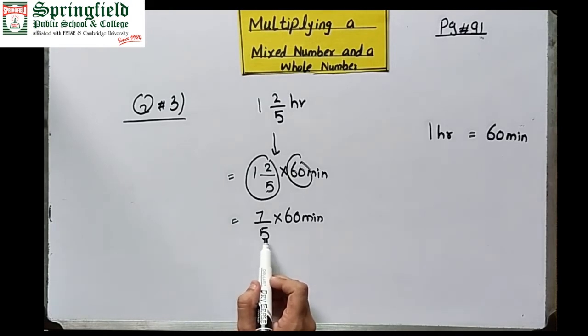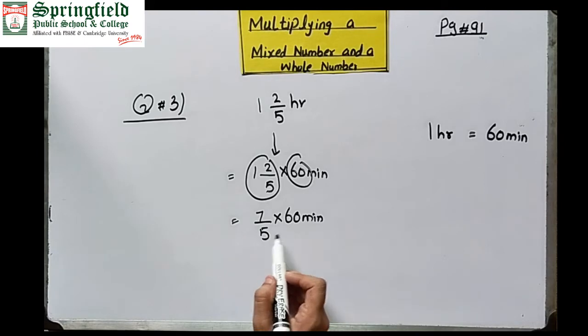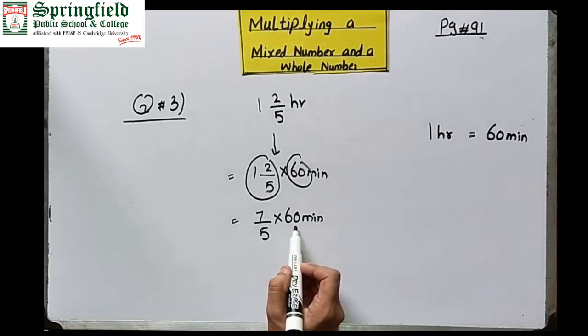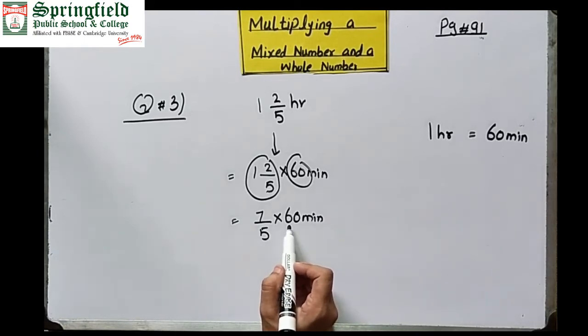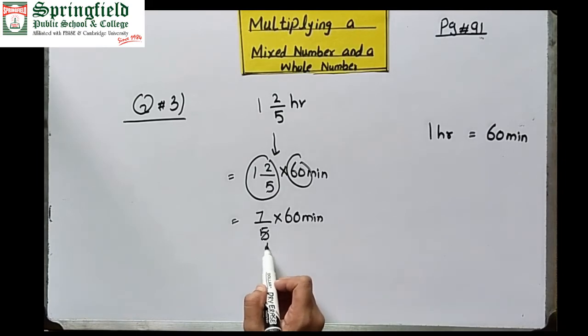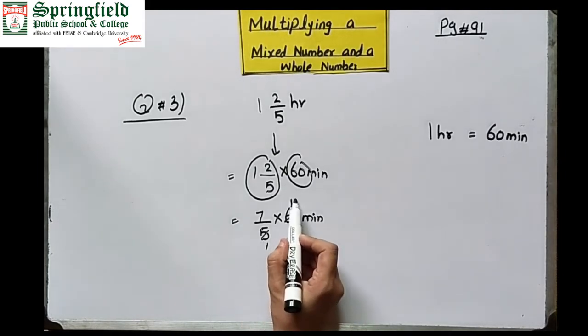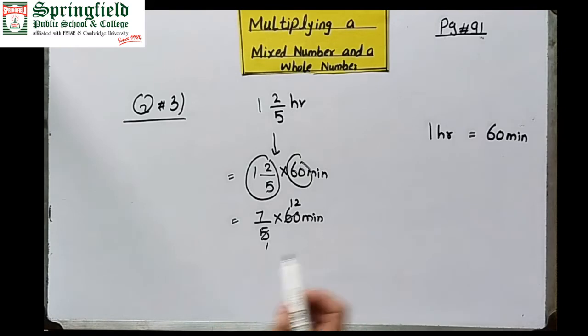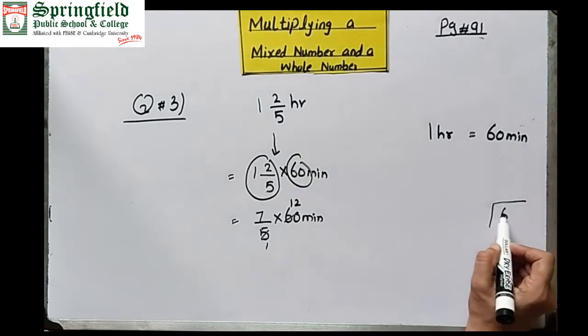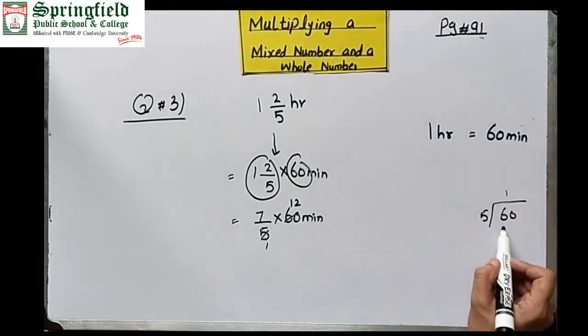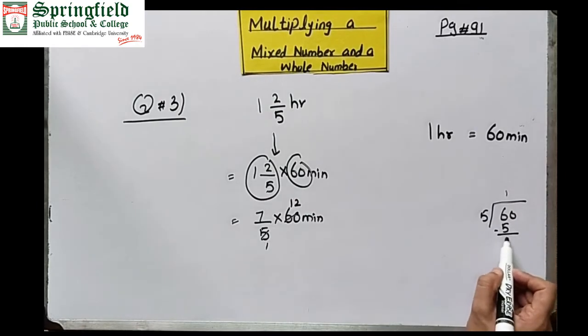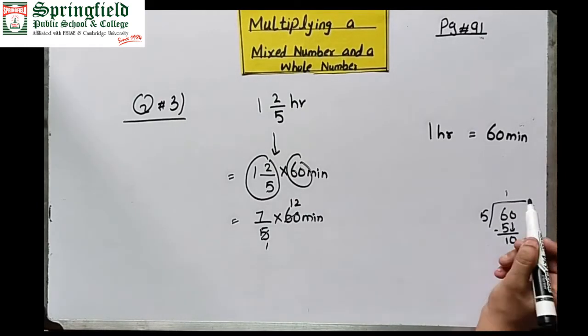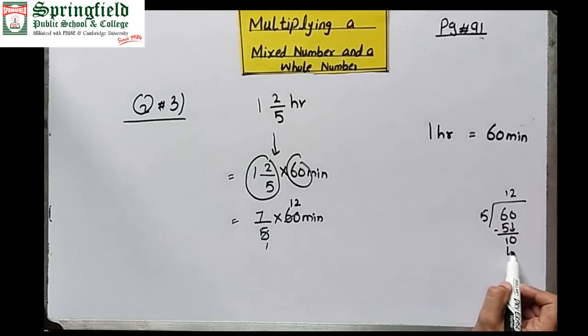So we can use the table of 5 here because 60 comes in the table of 5. Our 60 can be cut by the table of 5. So 60 divided by 5: 5 twos are 10, so 5 12s are 60.